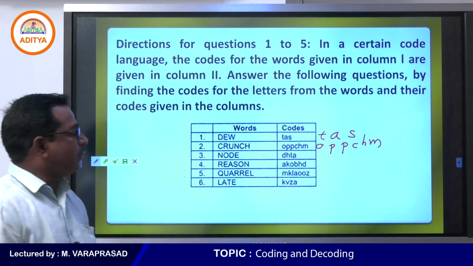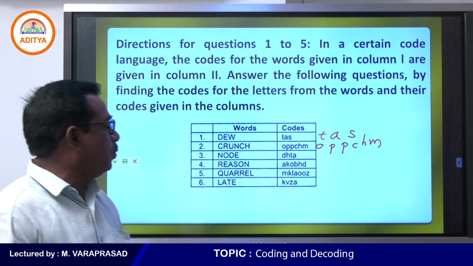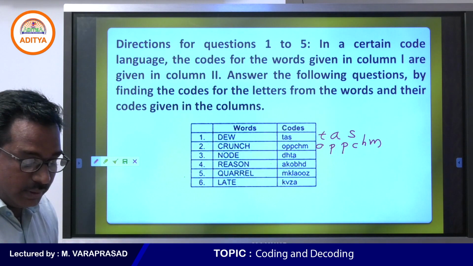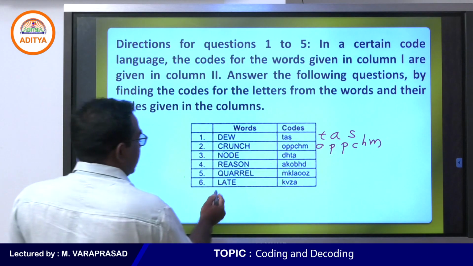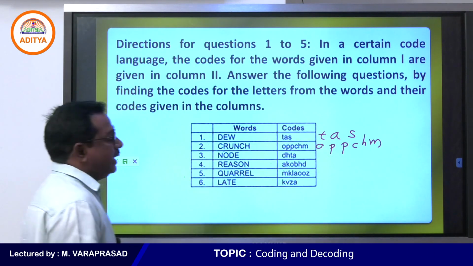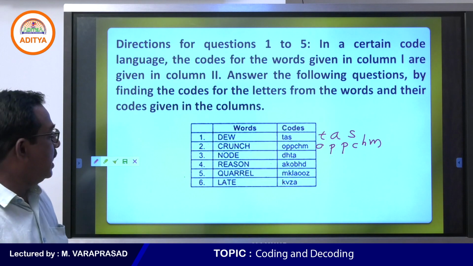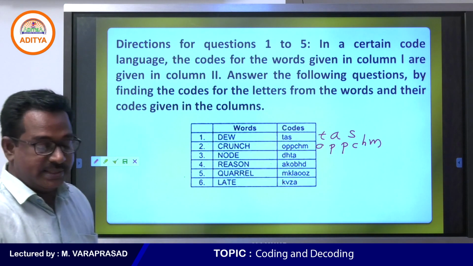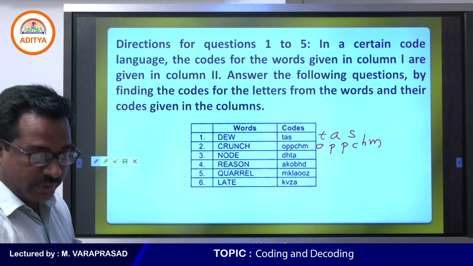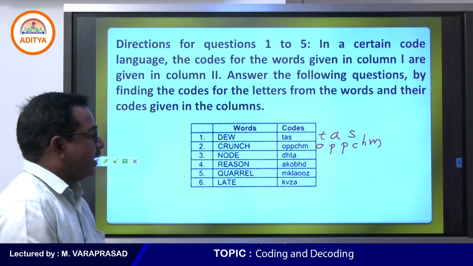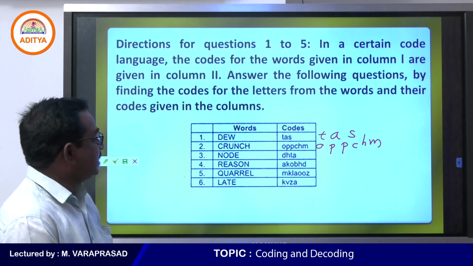Reason is given AKOVBHD. Quarrel is given MKLAOOZ, and late is given KVZA. Now for my first question, compare it.